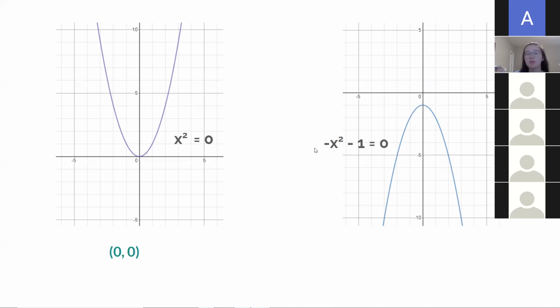Remember we talked about how when a quadratic touches the x-axis, that point where it crosses is a solution. So what about this quadratic, -x² - 1 = 0? Does this quadratic have a solution?